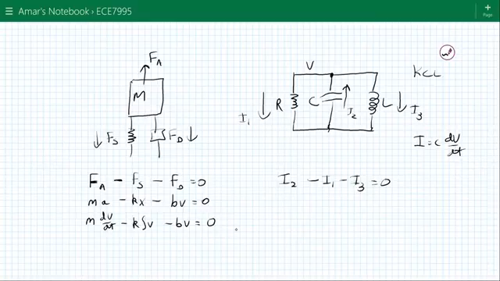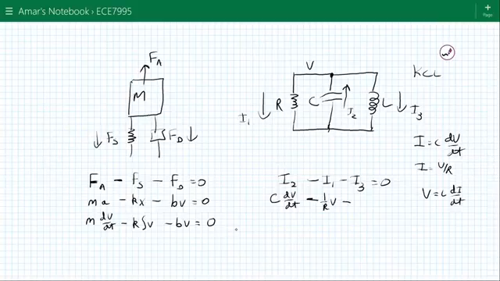So this I2 here is going to be C dV/dt. I1, the current through the resistor, is going to be, for a resistor, I equals V over R. So it's going to be 1 over R times V. And I3 here, if you recall the current in an inductor, there's this rule V equals L di/dt in a circuit.